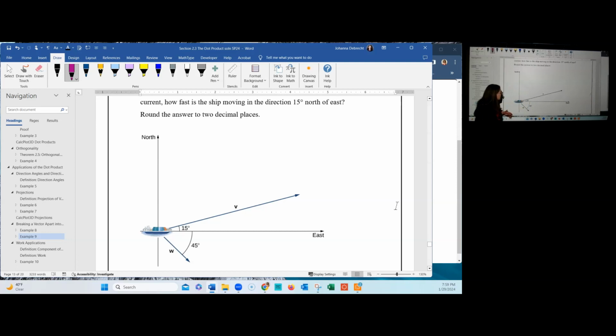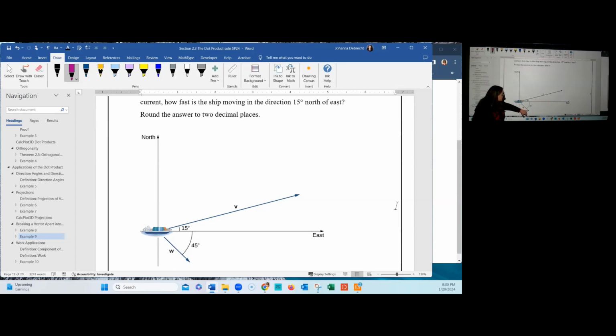So let's take a look at the picture now so that we can get an idea of what's going on. So the current, which they've labeled W, doesn't make sense. It should be C for current, right? Okay, but at any rate, they've got the current, maybe the wind is making the current, I don't know. So we've got the current going this direction, which is pushing the boat both south and east. Now, the south part's not helping me at all, but the part that's pushing east is helping me.